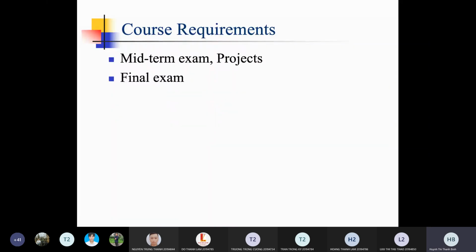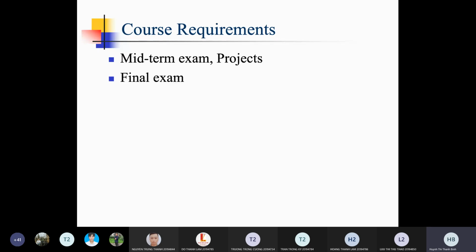And you have to complete the midterm exam and final exam to get the result of this course. In the talented class, I usually provide a project for students to complete, and they will get the result for midterm exam.